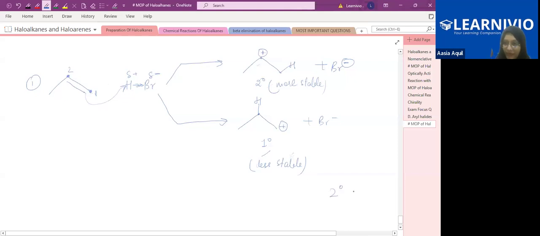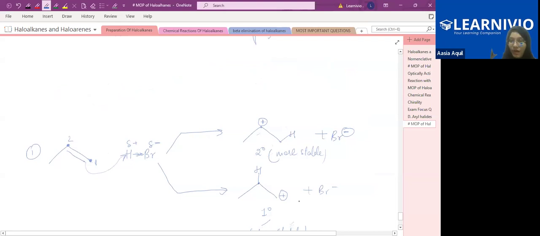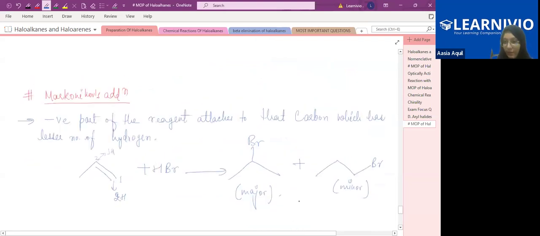Secondary carbocation is more stable as compared to the primary one. Which is the most stable? Tertiary. Tertiary, then secondary, then primary. Due to that, the major product will be your Markovnikov addition product. This one. Is it clear?